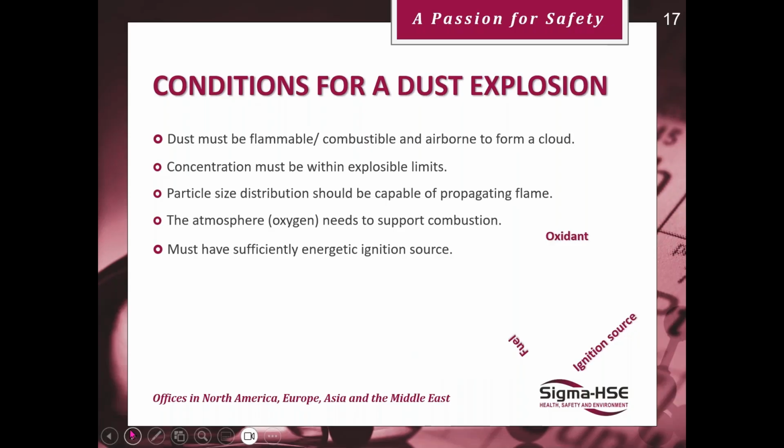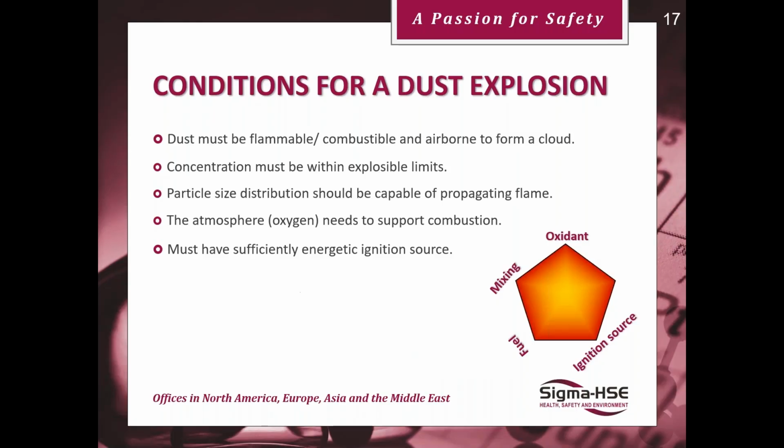So if you look at your materials and you have an MIE of 500, and the ignition source, when it becomes active, only produces 100 millijoules, it's not effective. So we've got the fuel, the ignition source, and the oxidant. This is what we call the fire triangle, the three items you need to create a fire.